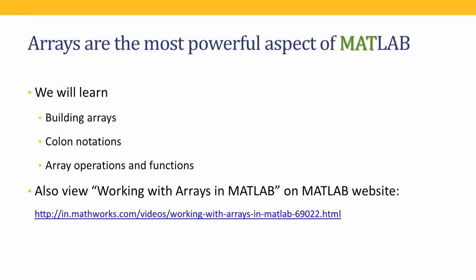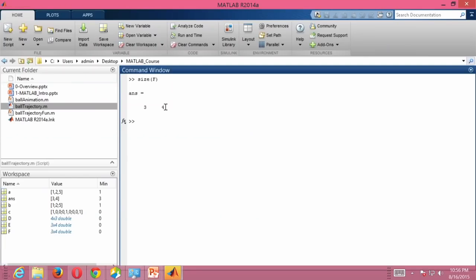Colon in MATLAB is nothing but "to". Say we want to go from 1 to 5, we use 1 colon 5, and let us look at that over here. If I give 1 colon 5, I have 1, 2, 3, 4 and 5. Note that when we use colon notation, MATLAB creates a row vector and not a column vector.